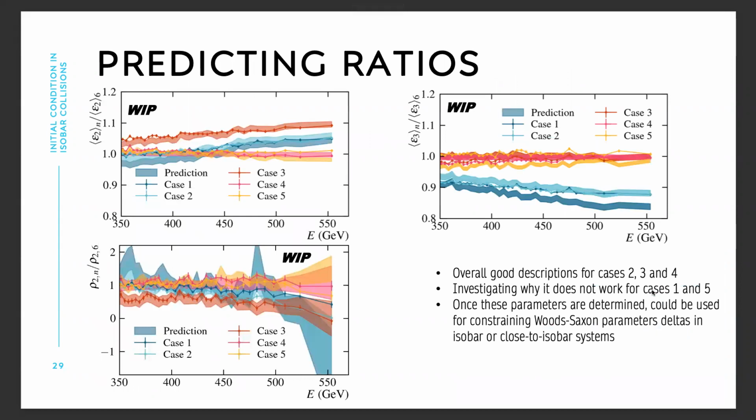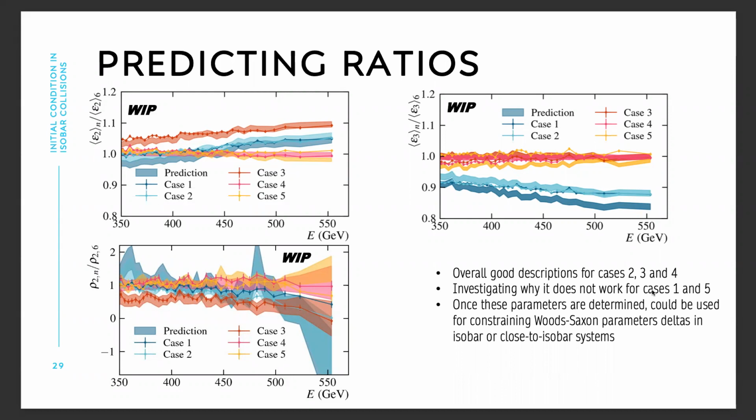And the results that I got for epsilon 2, epsilon 3, and the v2, that are things that most likely, at least for mid-central collisions, should be linearly mapped to the final state. We see that it works well for cases 2, 3, and 4.